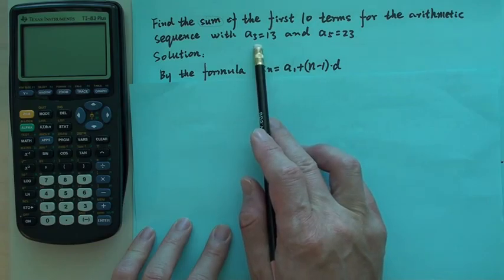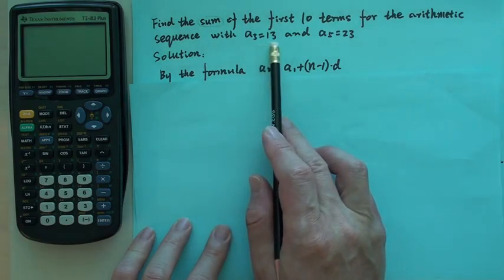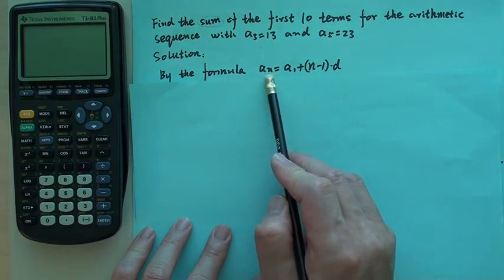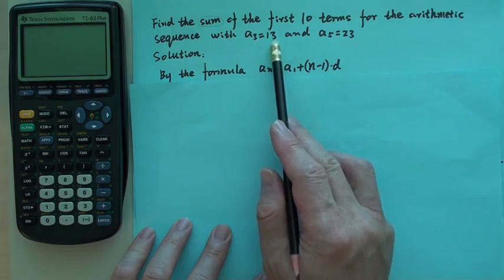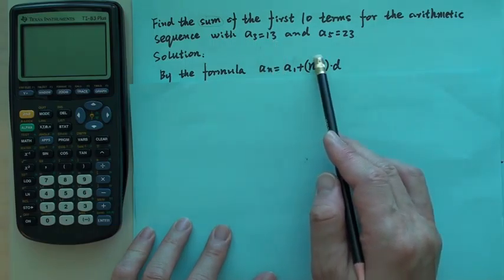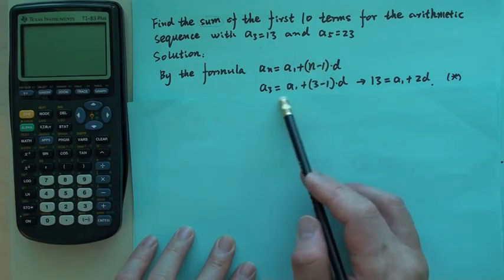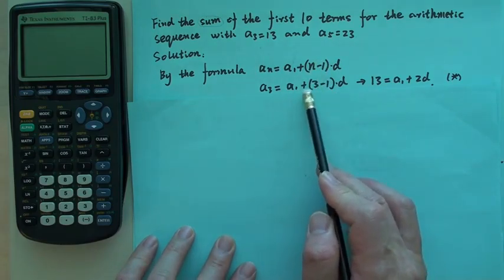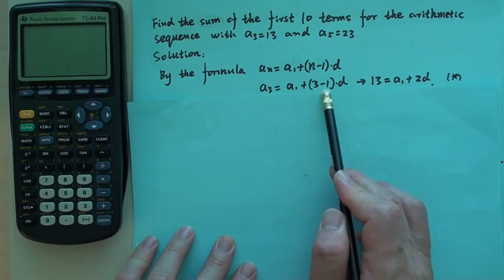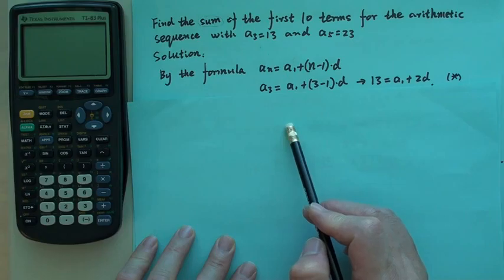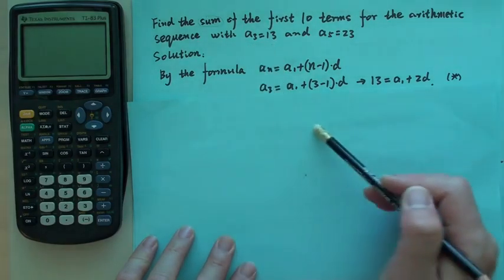For a sub 3 equals 13, it basically tells us that if here is 3, then a sub 3 will be 13. So a3 equals a1 plus 3 minus 1, which is 2, times d. This is what we get from here.